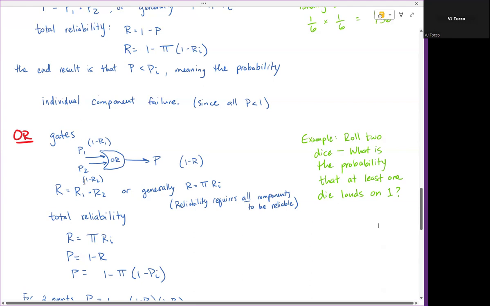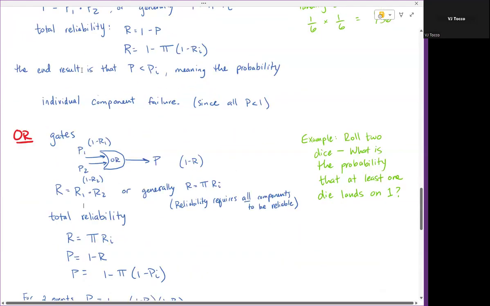So mathematically, instead of looking at the probability of failure, I would rearrange to get the reliability, or the complement: the probability that the event does not occur, 1 minus R1. And the probability for event 2 is 1 minus R2. And you would multiply the reliabilities together.